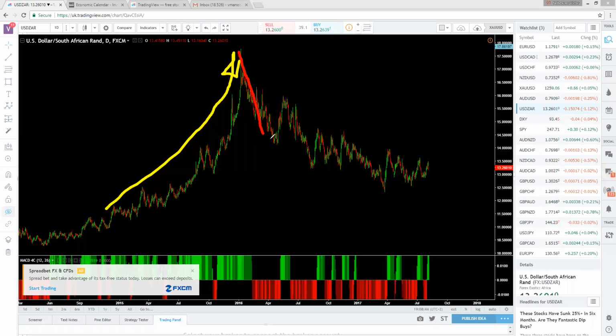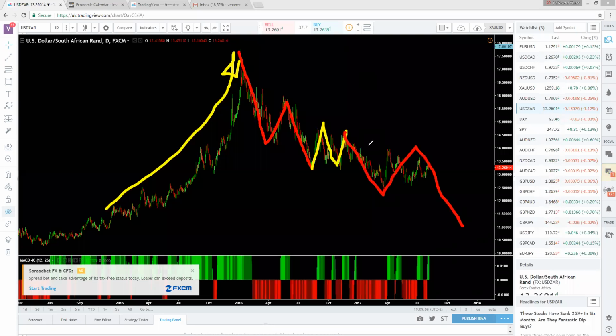Look at this correction. Zigzag. And then there's that X in between, which is in the same direction as the impulse. So the X goes in the same direction as the impulse, and then we get another one that I'm expecting to do this, and then this to go around the 11 area.